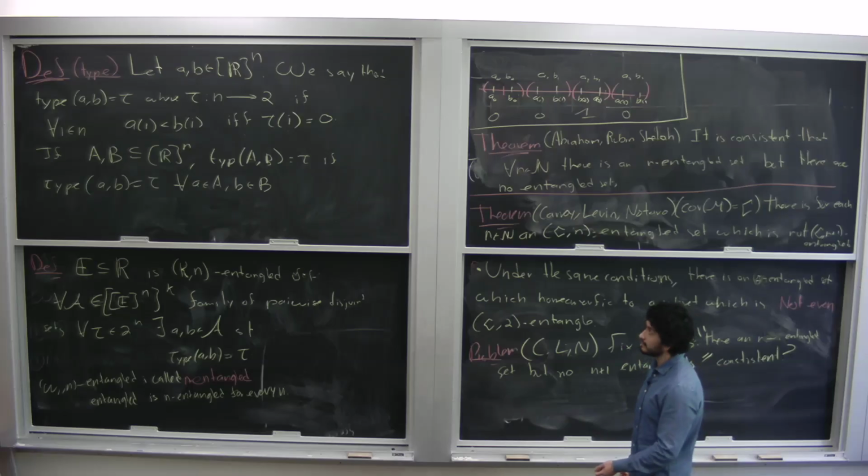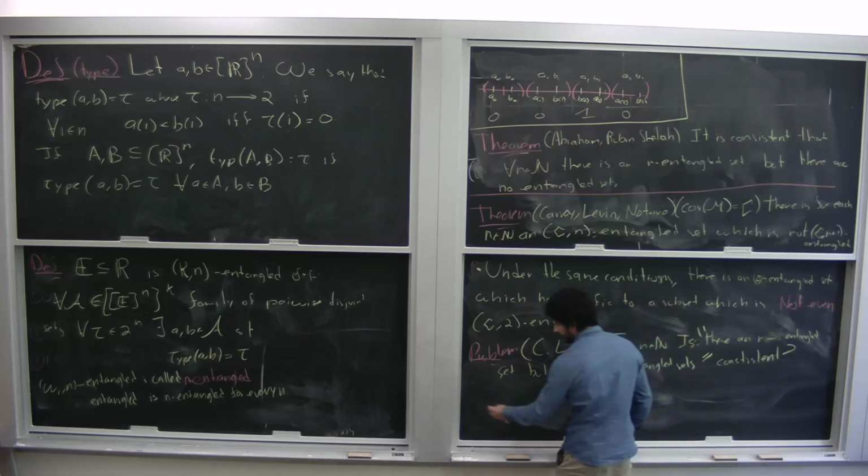So for 3 entangled sets, there are only on the real numbers. For 2 entangled sets, 2 entangledness implies that the total order is CCC. So it makes sense to talk about 2 entangled Suslin lines, right?